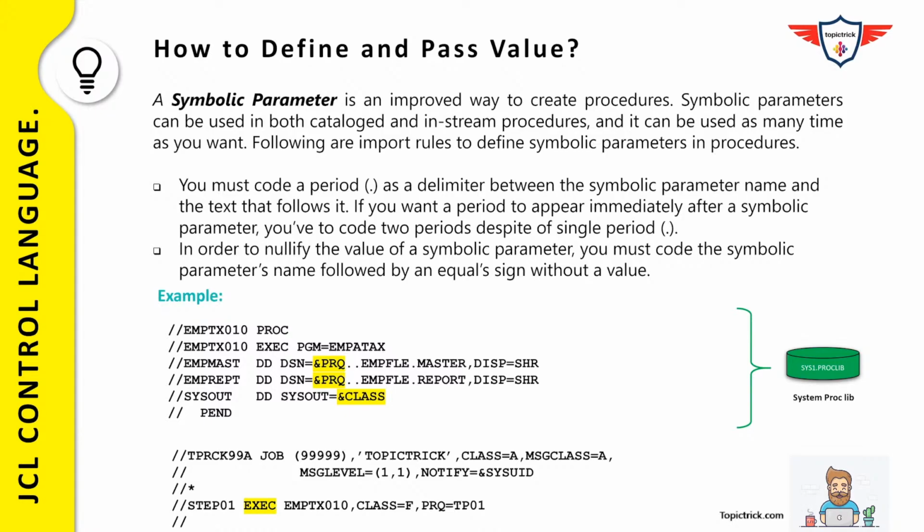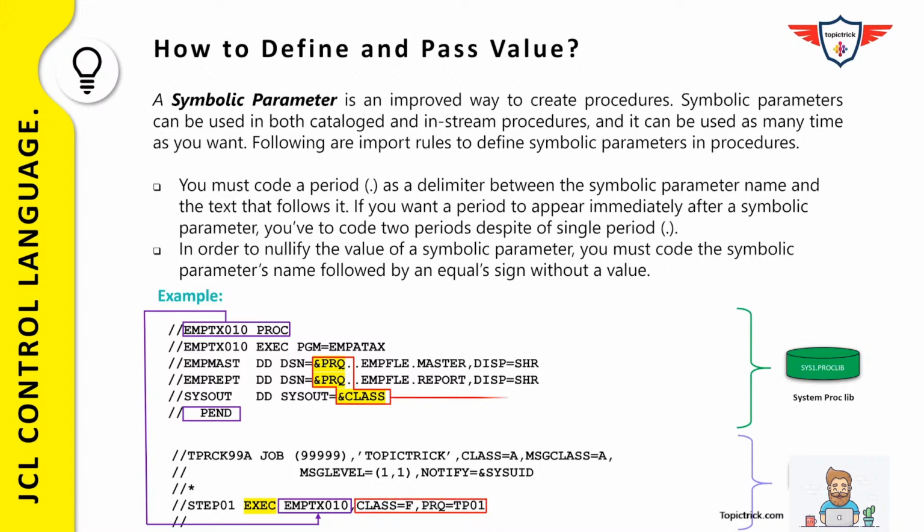First one is the employee master with a DD name of EMPMAST, and the second one is the employee report, with a DD name EMPREPT. If you look at the dataset name, you will notice that instead of using a high-level qualifier, I've used a symbolic parameter. In this case, the symbolic parameter is &PRQ., and I pass the value of this symbolic parameter when I'm calling the catalog procedure.